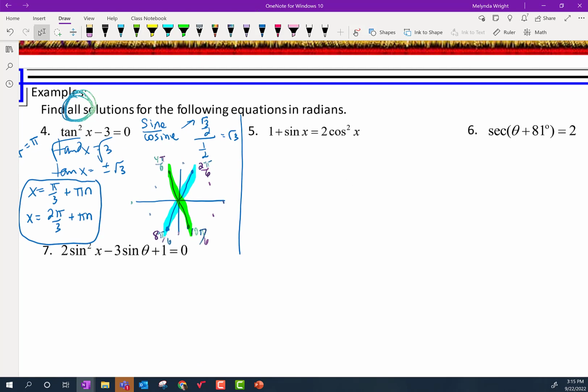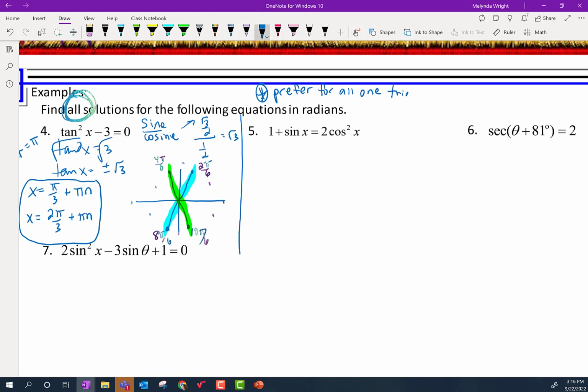Okay, so here's where we are adding more on. This isn't just like solving, getting tangent by itself, or getting cosine or sine by itself. This is a different technique. And so what we would prefer is to have all one trig function.